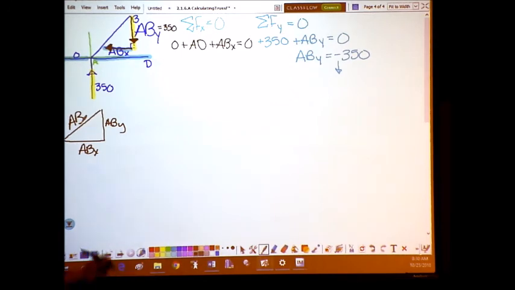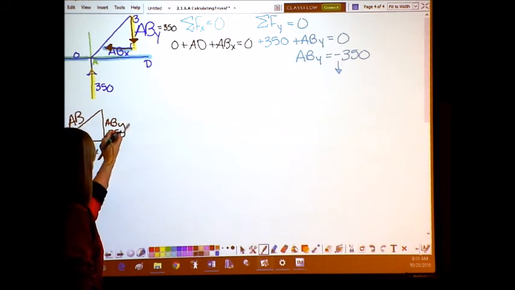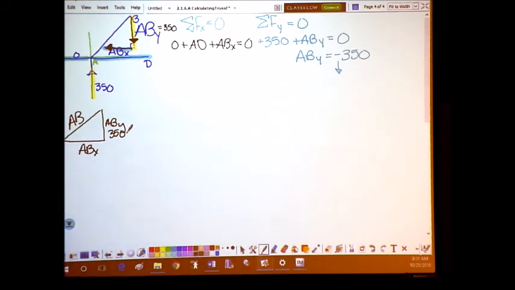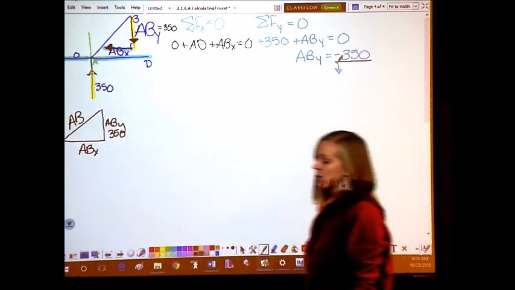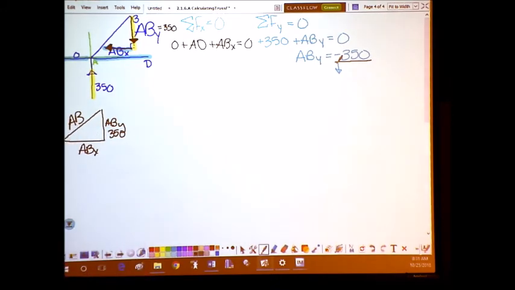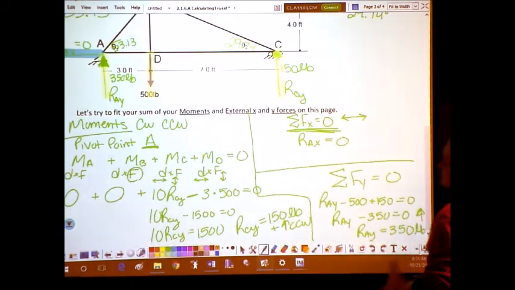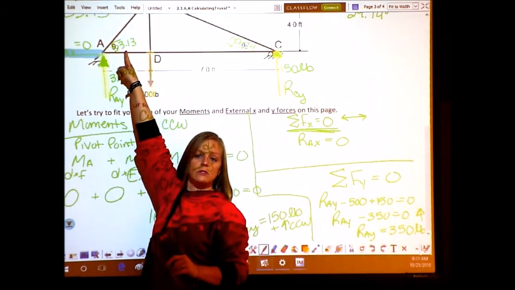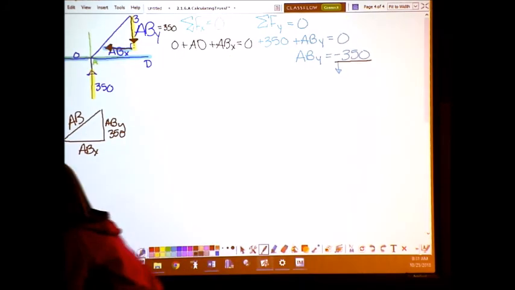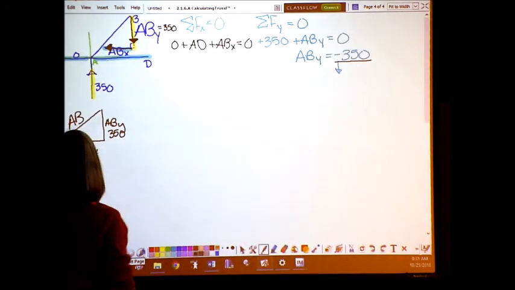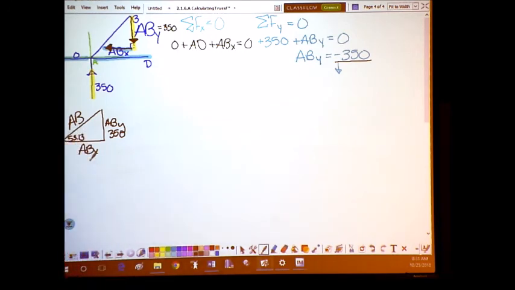What is ABY? We're going to write 350 here. We solved for that over here. Don't worry about the negative; the negative just told us how it points. So just put 350 on there. On the front page, we solved for the angle as well. See this angle? We knew that angle was 53.13. So we're going to go back here and put 53.13 right here, because we solved for that on the previous page.